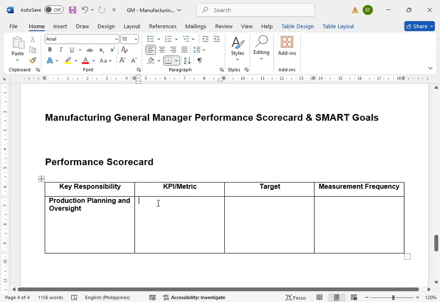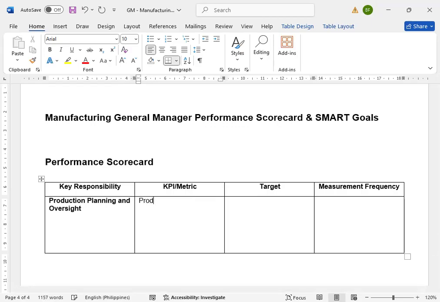So one KPI metric is the production schedule adherence.